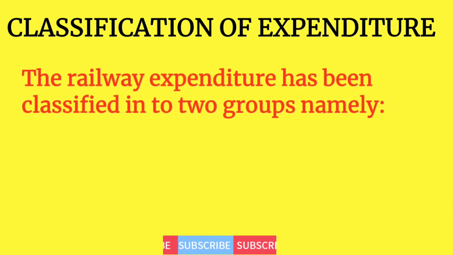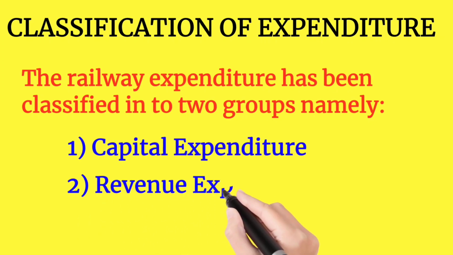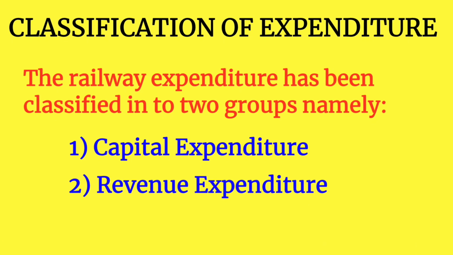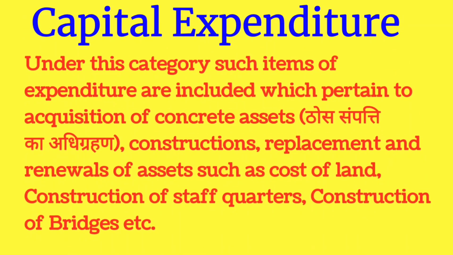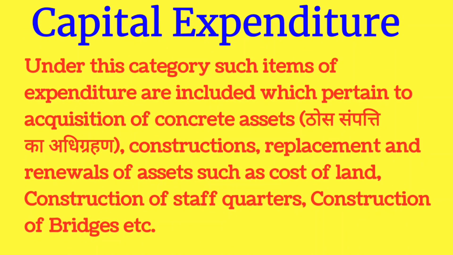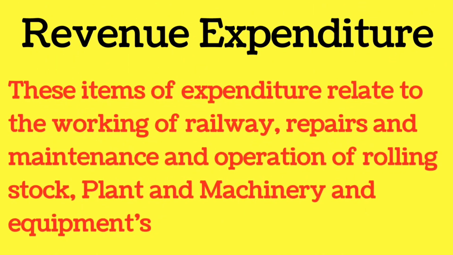My first question, classification of expenditure. The railway expenditure has been classified into two groups, namely capital expenditure and revenue expenditure. Under capital expenditure, such items of expenditure are included which pertain to acquisition of concrete assets, in Hindi ठोस संपत्ति का अधिग्रहण, construction, replacement and renewals of assets such as cost of land, construction of staff quarters, etc. Second, revenue expenditure.